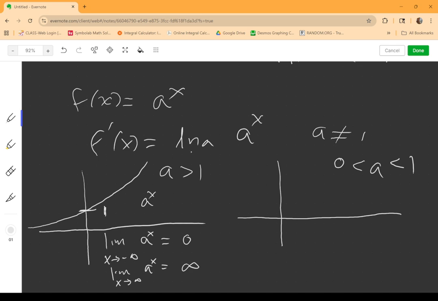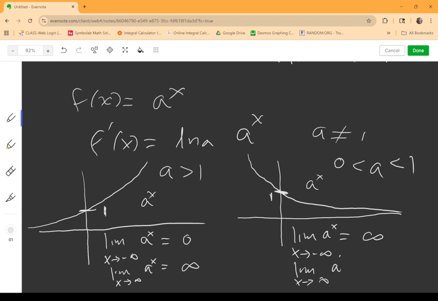Now, if you notice the derivative here, any value that falls between 0 and 1 is negative, so that function would be decreasing the whole way through. Still crosses at 1. So for this particular case, we have the limit as x goes to negative infinity of a to the x to be positive infinity, and then the limit as x goes to positive infinity of a to the x to be 0.